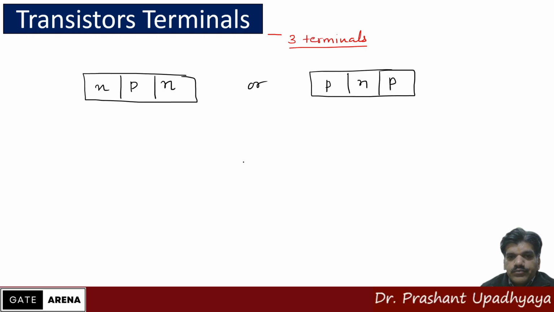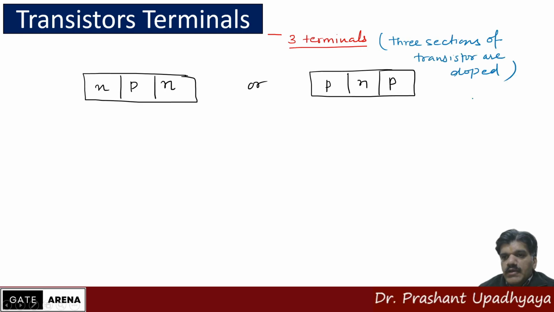What we have discussed till now is that each of the three sections of the transistor is doped, which means we use different types of impurities for these sections.